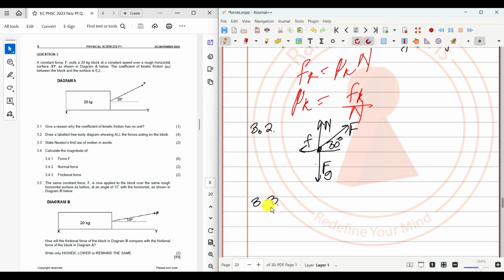Now, 3.3, state Newton's first law of motion in words. Oh, we are cruising. Right, Newton's first law of motion in words. And here, by the way, I prefer that you write dashes. Newton's first law of motion in words.